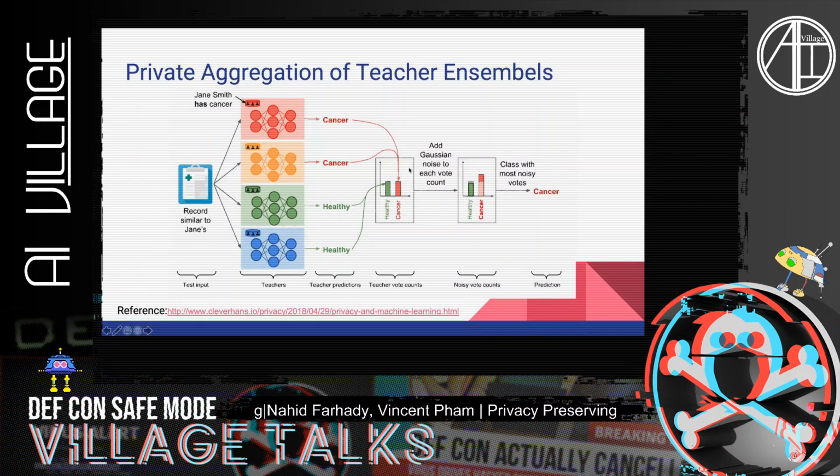So basically, we again go back to our training data and see how much noise each classifier needs to be injected with. Then we inject that noise and get the results from these classifiers. So based on the amount of noise injected, the model might generate the value cancer or might generate the value healthy.